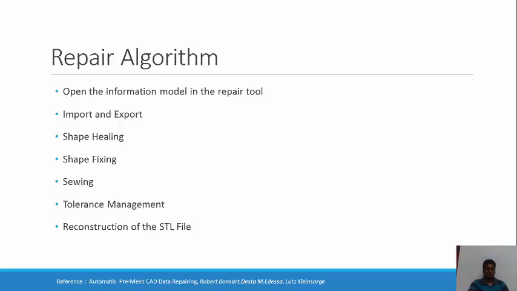Next is sewing. In general, the IGES file format is preferred to convey CAD model information when it comes to complicated shapes, such as a ship hull or car body, etc. This file might have plenty of topological problems with regard to gaps and overlaps, which is a major problem for downstream mesh generators, and then for numerical computations such as CFD and CSD, that is computational fluid dynamics and computational solid dynamics.